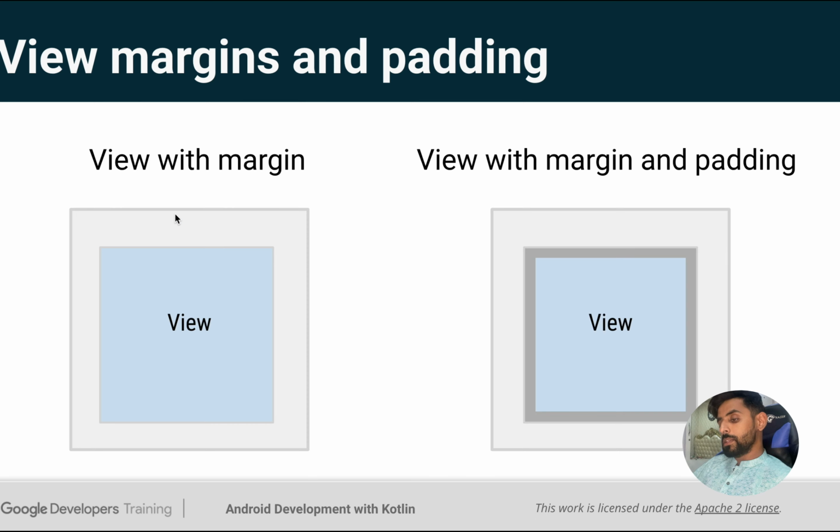So the space in the light gray section is basically called margins. But inside this view we have this dark gray spacing. This internal spacing is called padding. So outer space is margins and the inner spacing is padding.